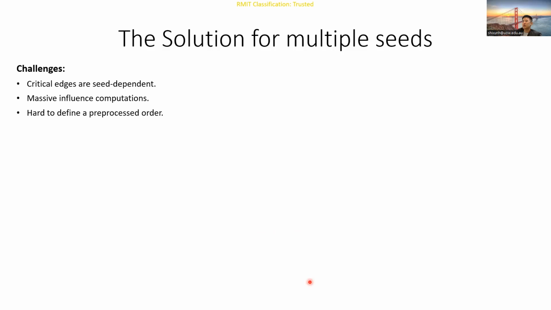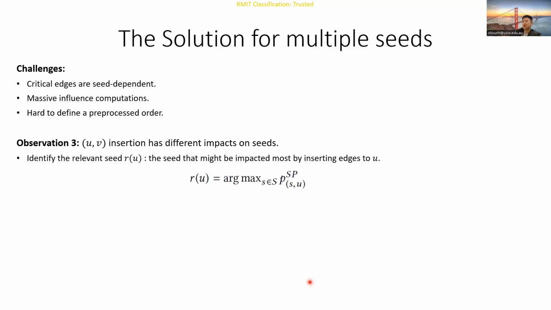And now we talk about the solution for multiple seeds. So the trivial extension is not feasible because we have seed-dependent critical edges, and it's very hard to predefine the preprocessing order. So we observe that an edge insertion has different impacts on seeds.